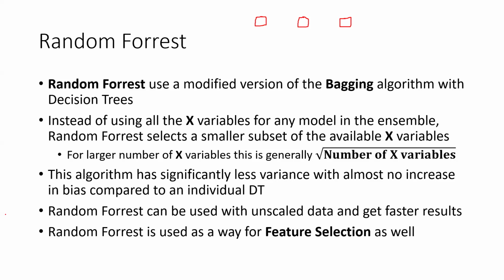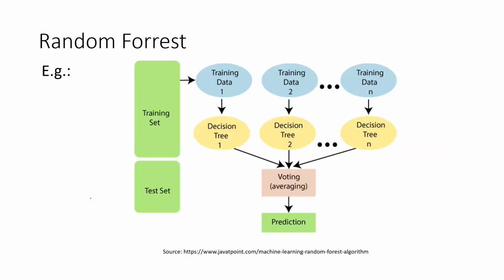Random forest can also be used as a feature selection technique, although we haven't discussed it in detail. So this is how we do it: we have different training data sets, we train different decision trees with each of the data sets, and then we do the voting, or averaging when it comes to regression, to get the final prediction.